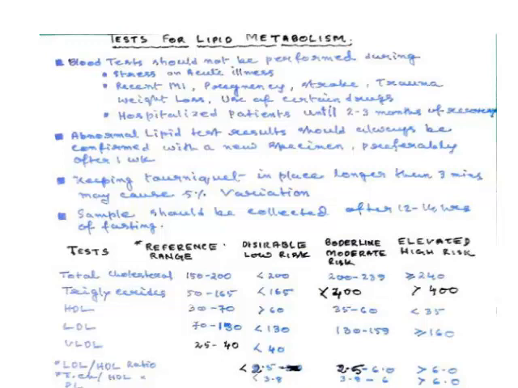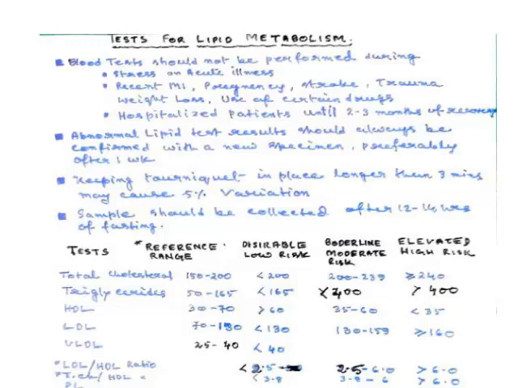Secondly, you advise the patient to come after 12 hours of fasting. This is very important. After 12 hours of fasting means the patient should take his dinner usually, and after that he should not take any food for 12 hours, and then come to draw the blood.